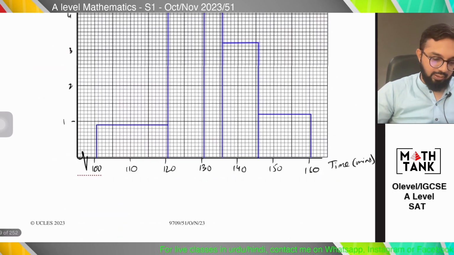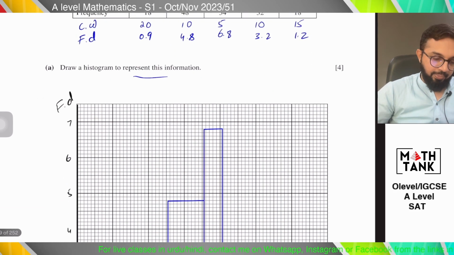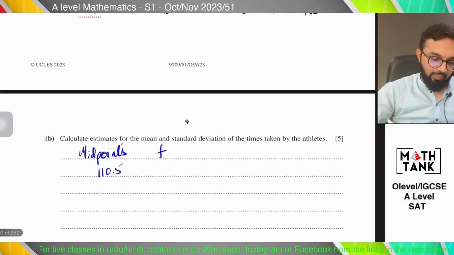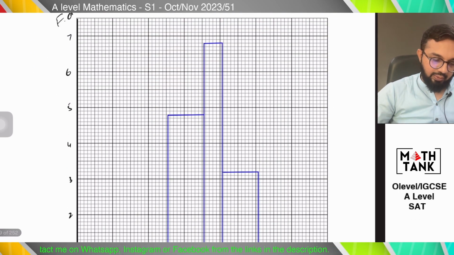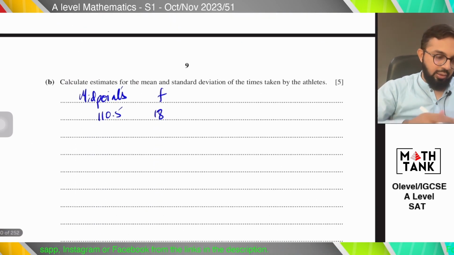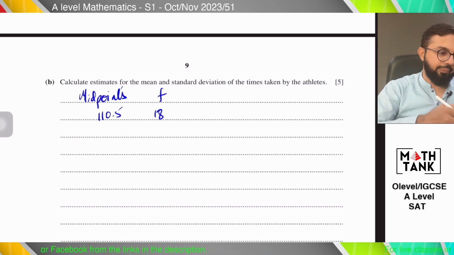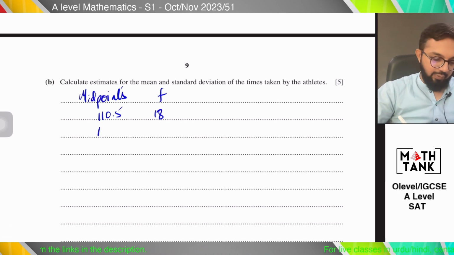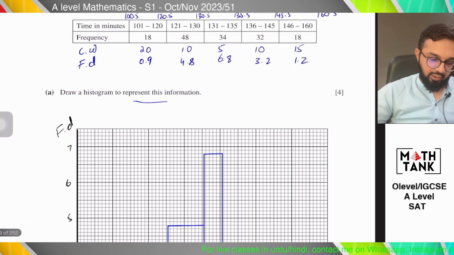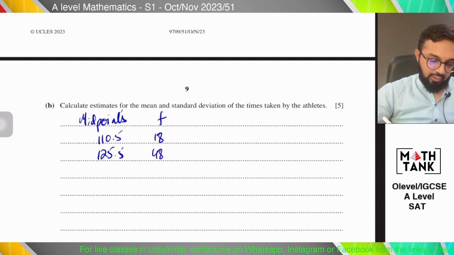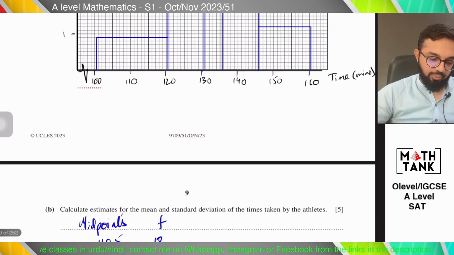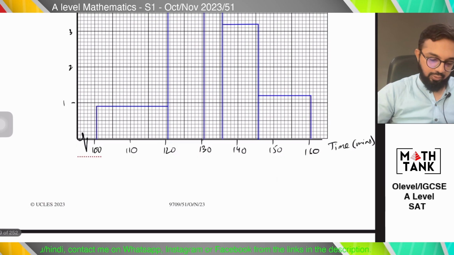Its frequency is 18, so I'm going to write that. The next midpoint is 125.5, and the frequencies I have are 48, 34, 32, and 18.